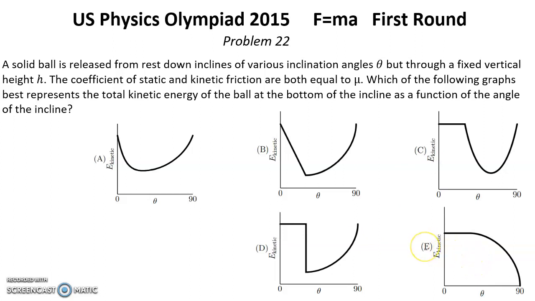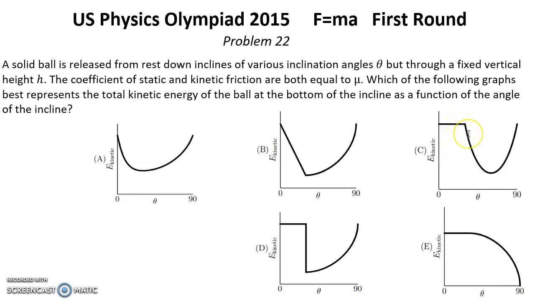And finally, we can tell that this graph must be a continuous function, because initially when we just reach the critical angle, tangent theta equal mu, we are losing just a slight amount of energy.